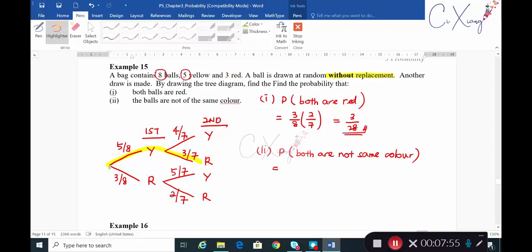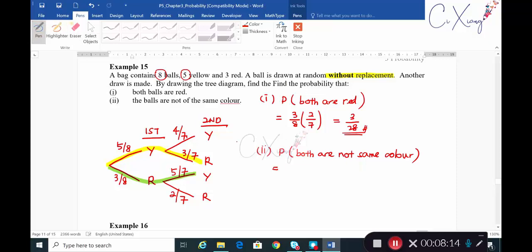How about if the first ball is red, the second ball should definitely be yellow. So the green part here is the second pathway. Both pathways fulfill the question: both balls are not the same color.